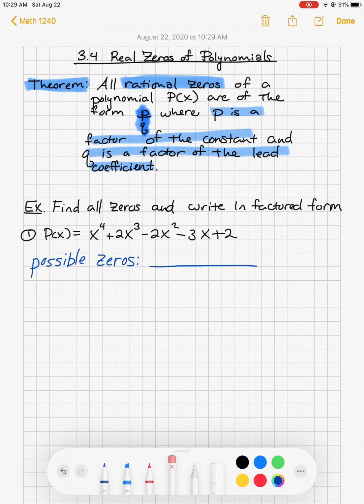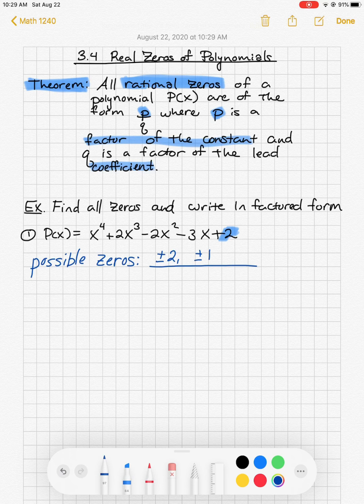Okay, let me read this one more time. P, that's the numerator, is a factor of the constant. This is the constant. So what are factors of 2? What are things that multiply to 2? Well, 2 or 1, right? But they could be positive or negative.